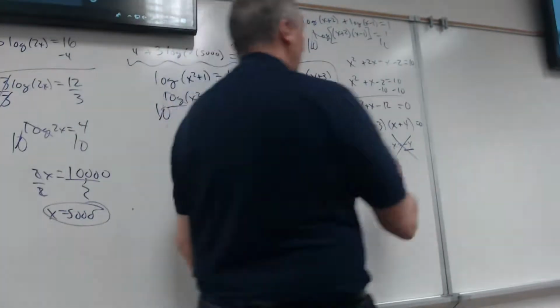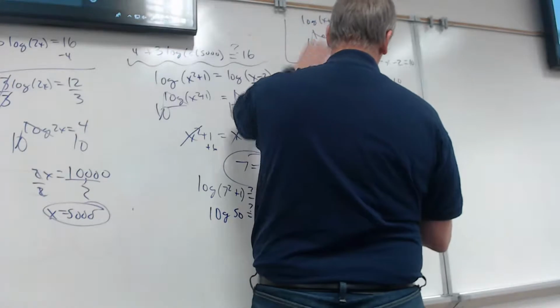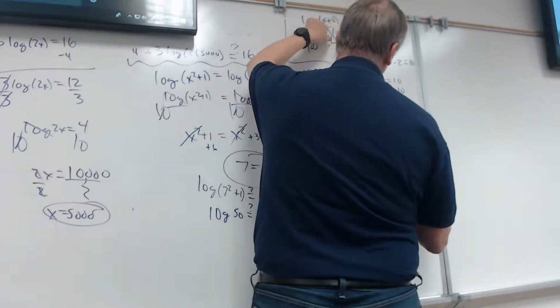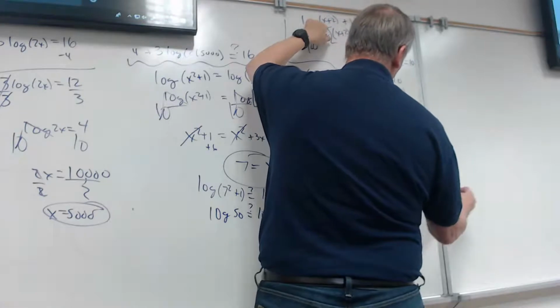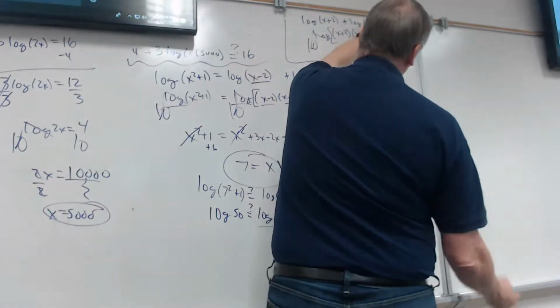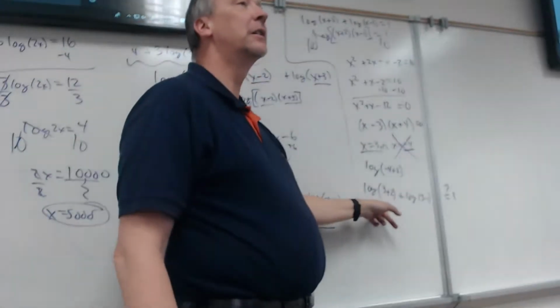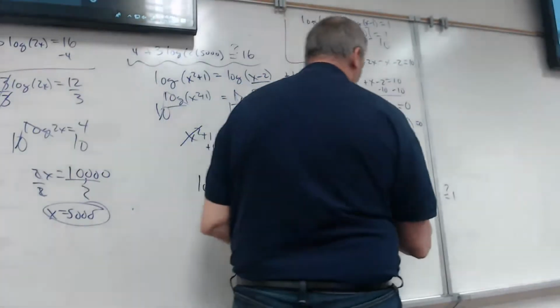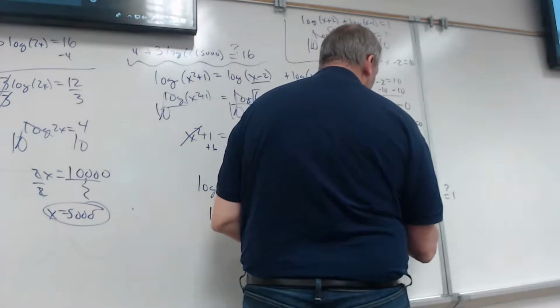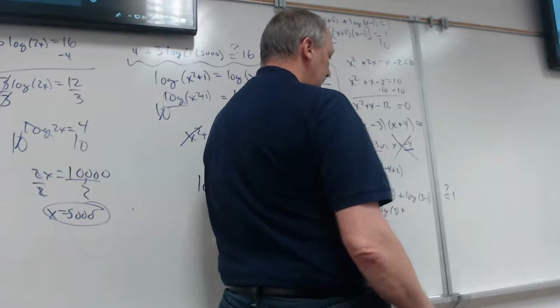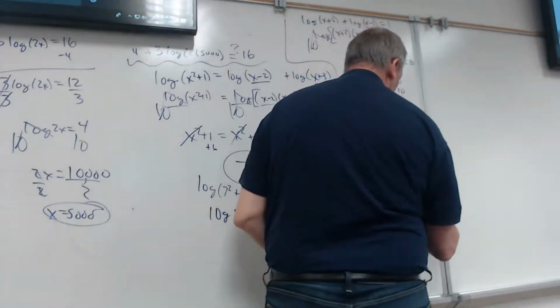Okay? Let's check the 3. Log of 3 plus 2 plus log of 3 minus 1. Does that equal 1? Okay? 3 plus 2 is 5. Log of 5 plus 3 minus 1, 2. Log of 2.